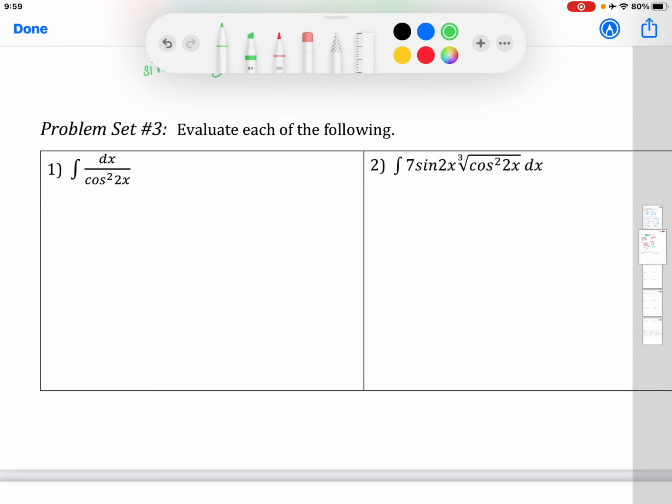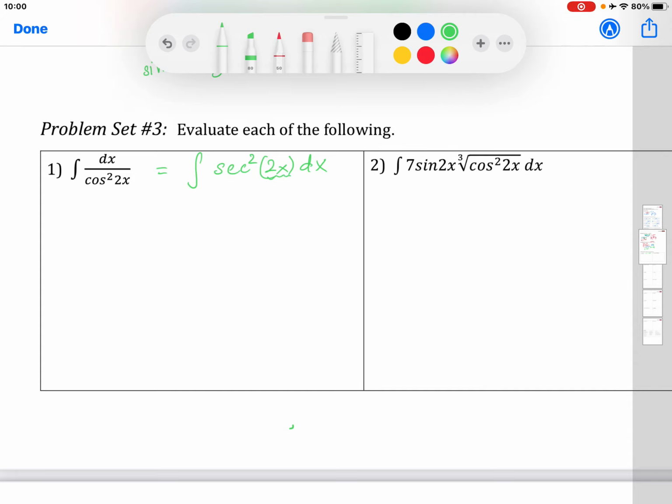So again, you might have to do more than what is asked, simplify it more than what is given to you. So here, can I not rewrite it as secant square 2x dx? So I know the integral of secant square is tangent.